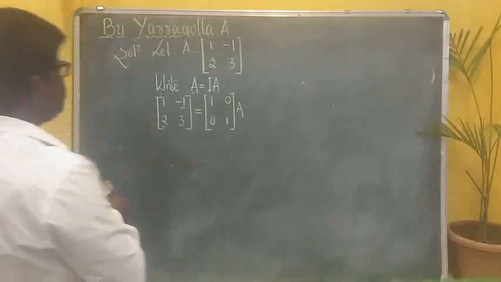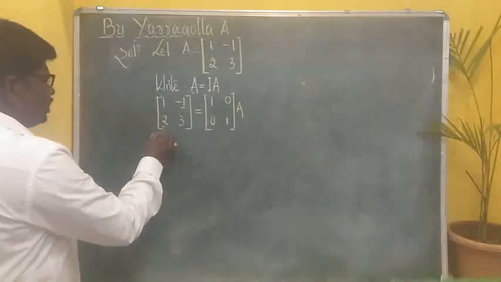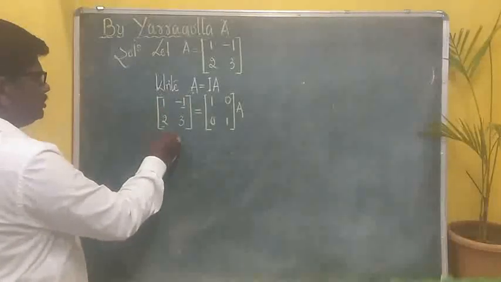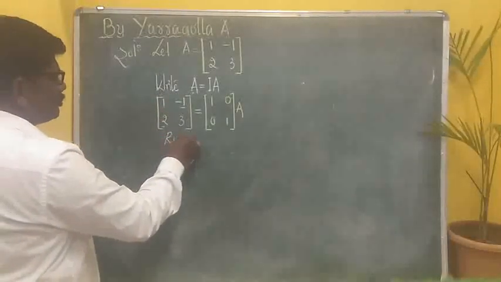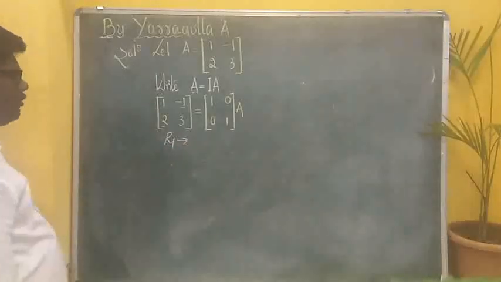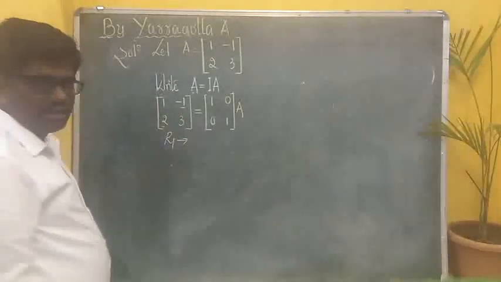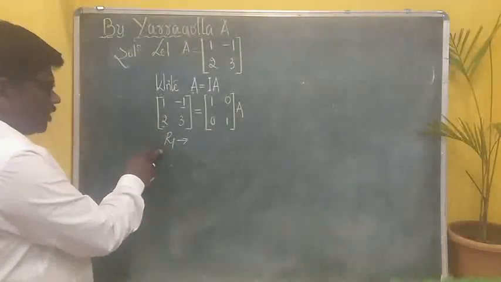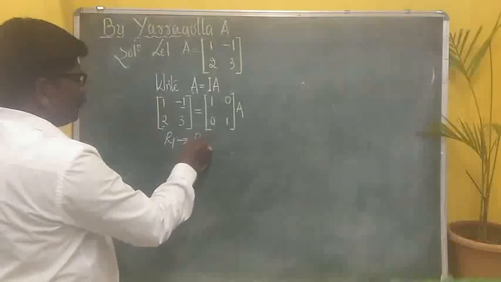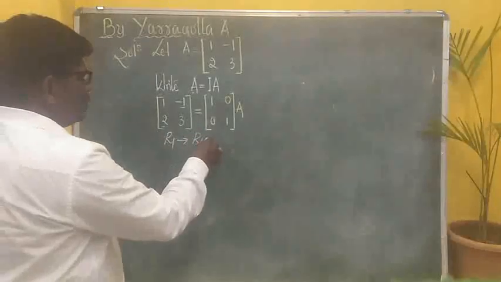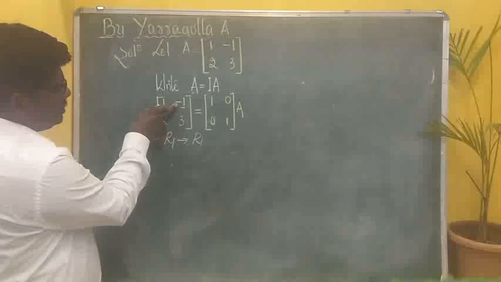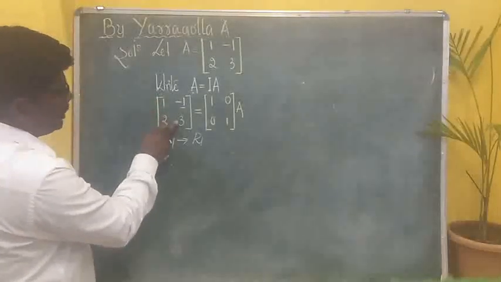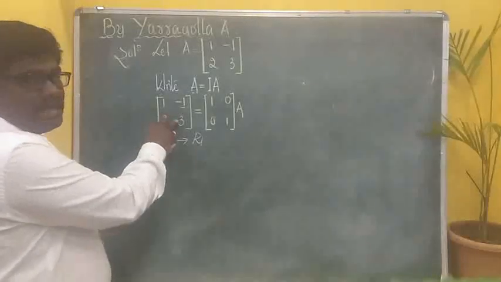The rule here is, the -1 is in the first row, so there should be a change in the first row. I will write row 1 changes, R1 changes to. Now here is the technique, everybody try to concentrate. Because there is a change in row 1, I should start with R1. Then look at this: there is a minus sign here and corresponding to that there is no sign, which means it is a plus sign.